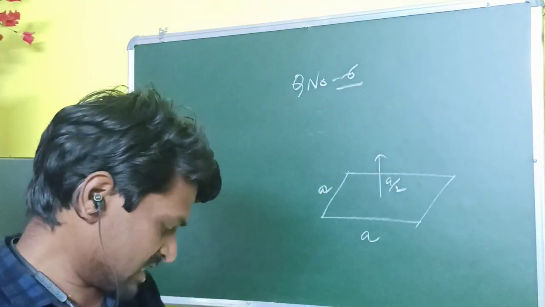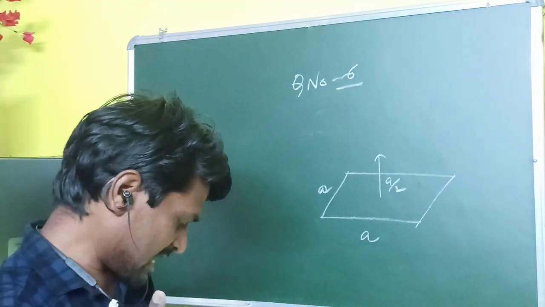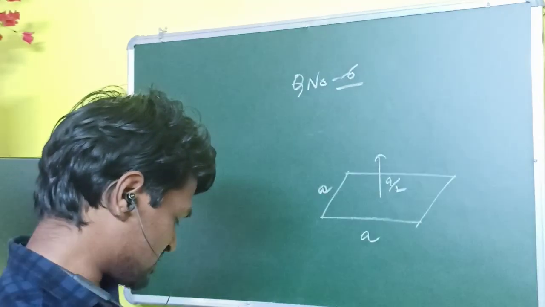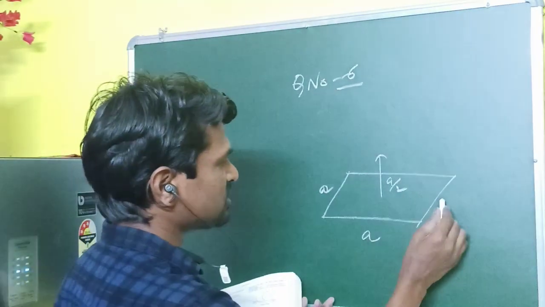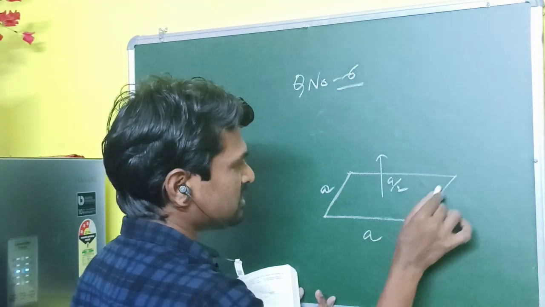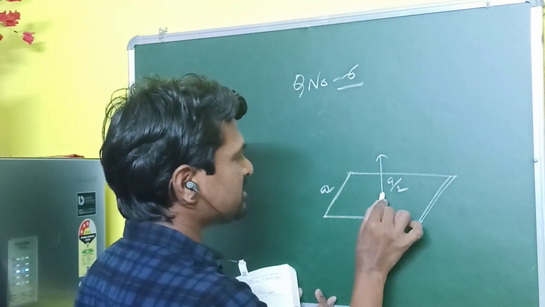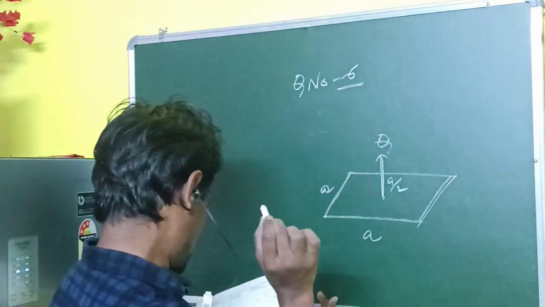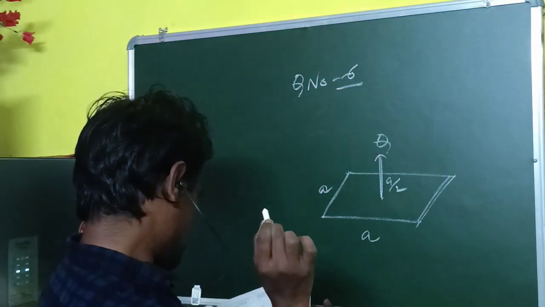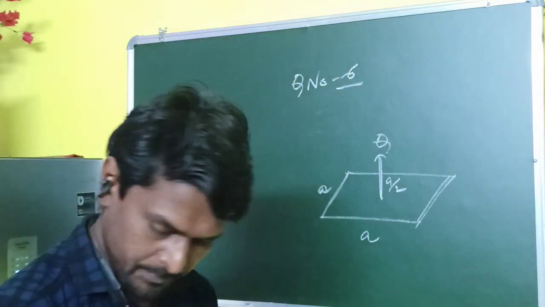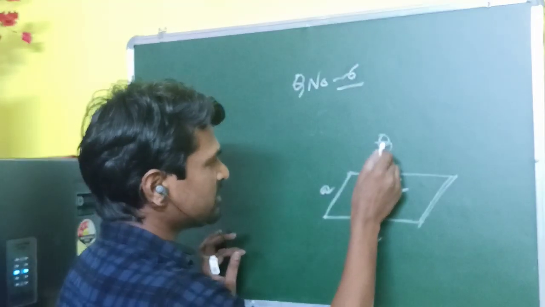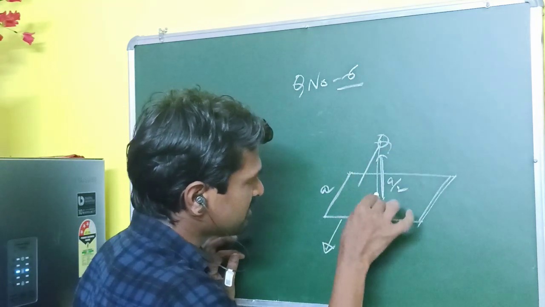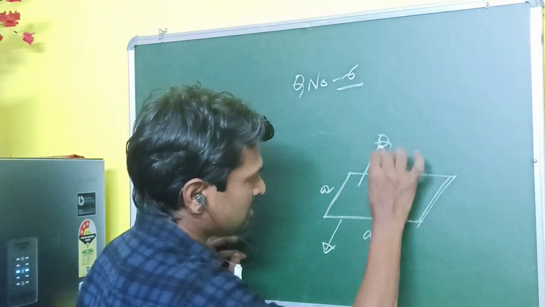The question is, a charge Q is placed at a distance a by 2 above the center of a horizontal square surface of edge a. So this is a square surface, and at a distance a by 2 from that surface there is a charge Q. You have to calculate the flux that penetrates that particular surface.